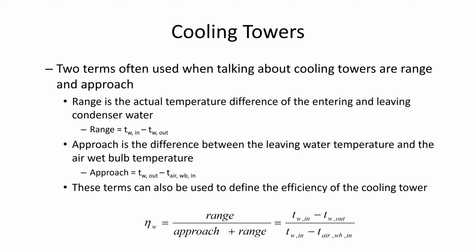The approach is the measure of how close are we getting our leaving water temperature to the wet bulb temperature of the air outside. So how close are we approaching that wet bulb temperature? Our max theoretical limit for what we can cool that water down to is going to be our wet bulb temperature outside, but we're not going to ever really be able to truly achieve that value.